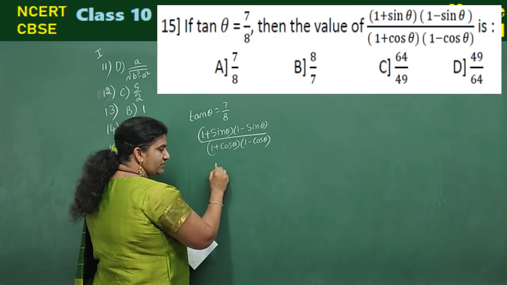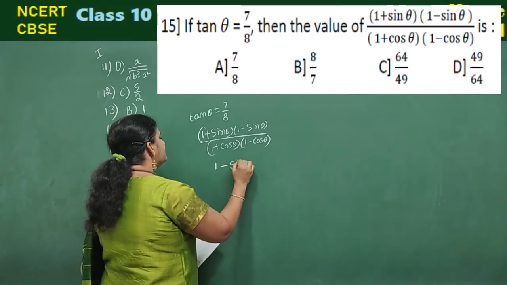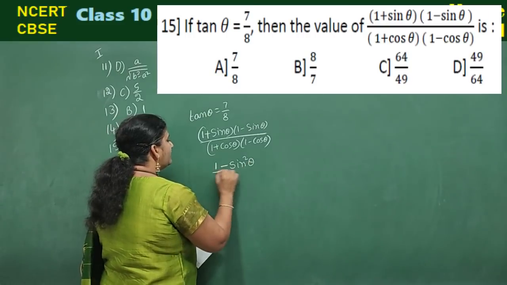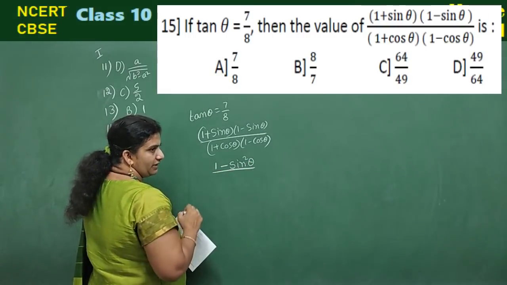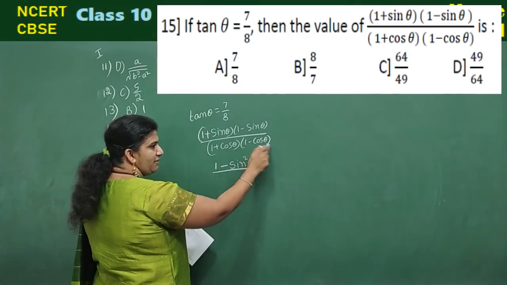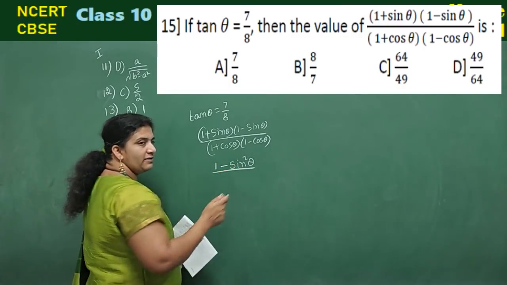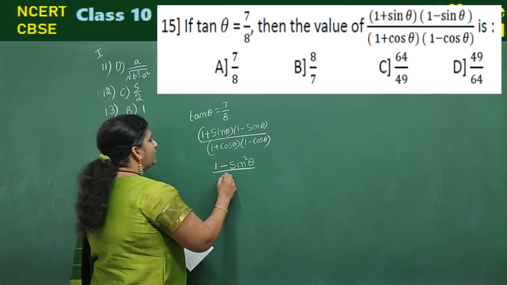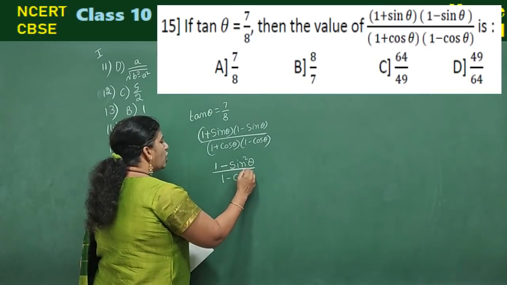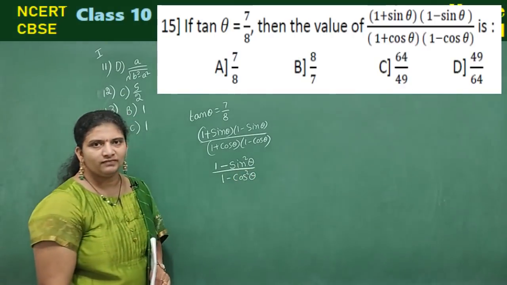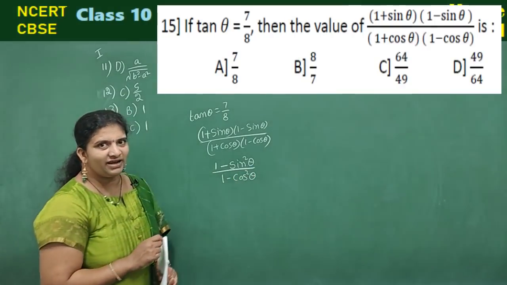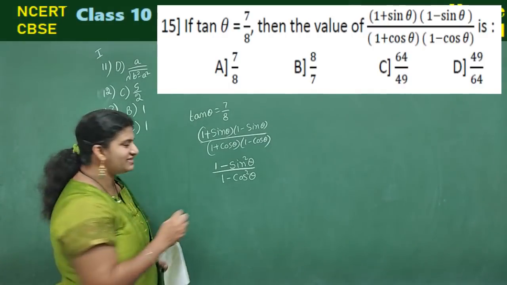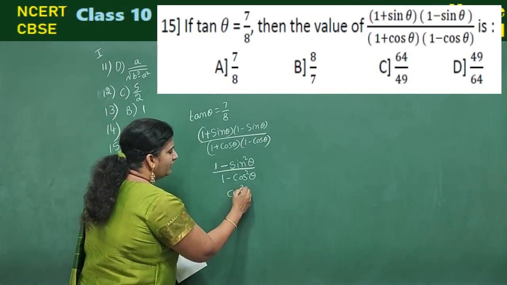1 square is 1 minus sine square theta, whole divided by, you can see again a plus b, a minus b. That is a square minus b square. That will be 1 minus cos square theta. Again I can remember an identity. 1 minus sine square theta is nothing but cos square theta.